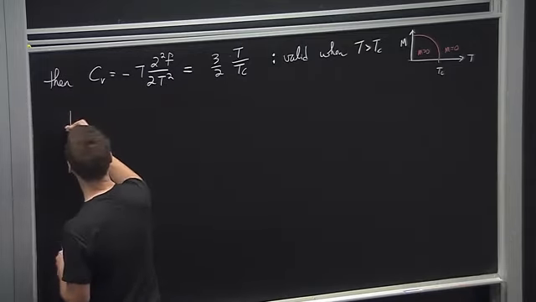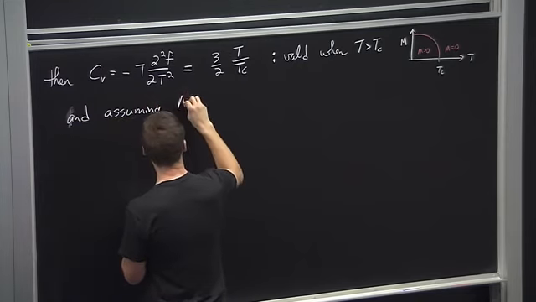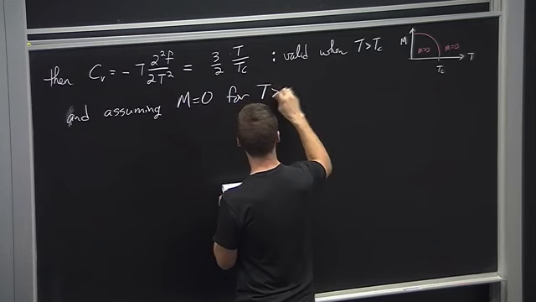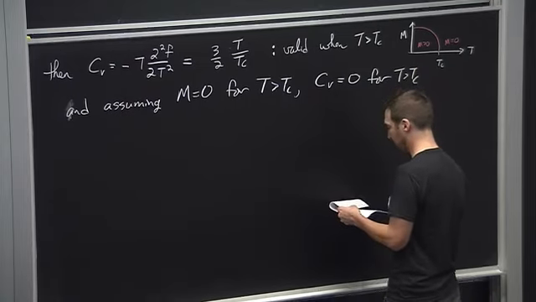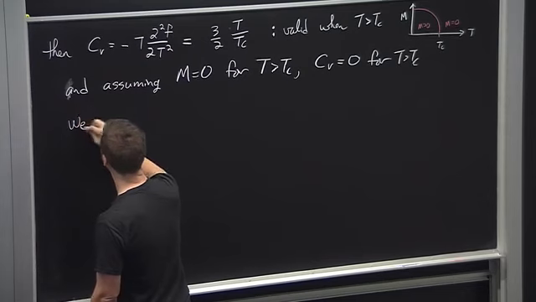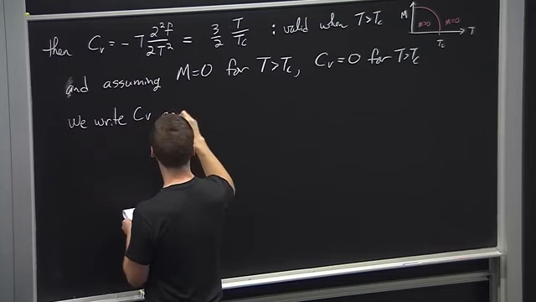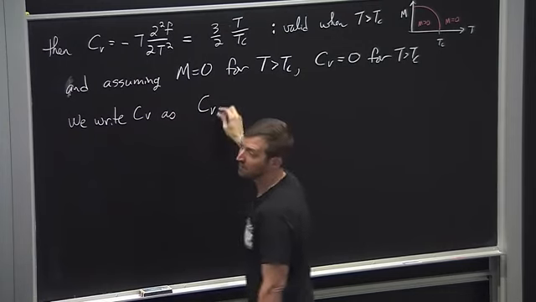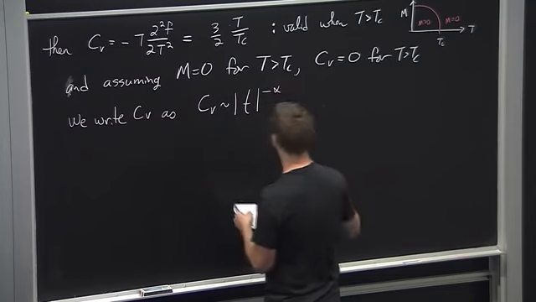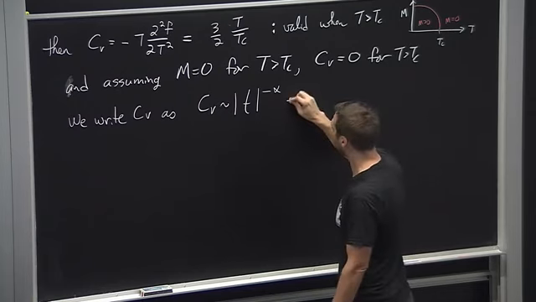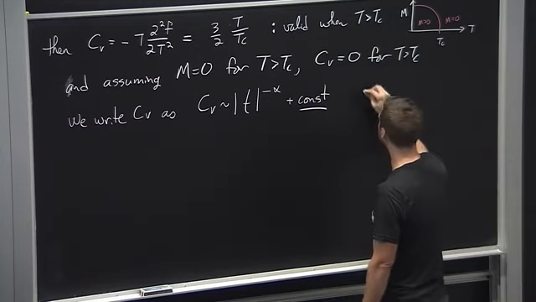So I can say, greater than TC, okay? So we write this in the nomenclature using the reduced temperature as something like the absolute value of the reduced temperature raised to the power minus alpha, times a constant which I've previously ignored, but we sort of need for this case.